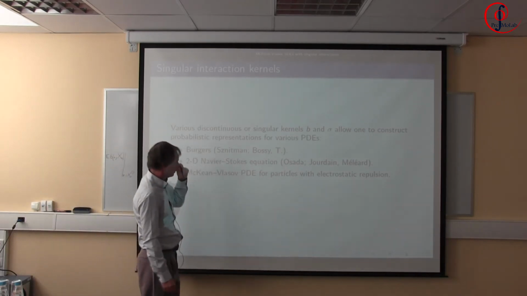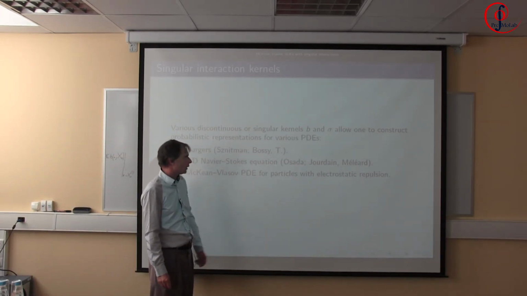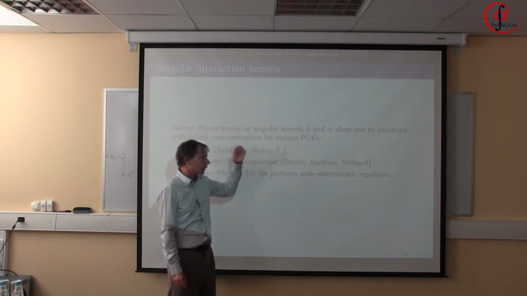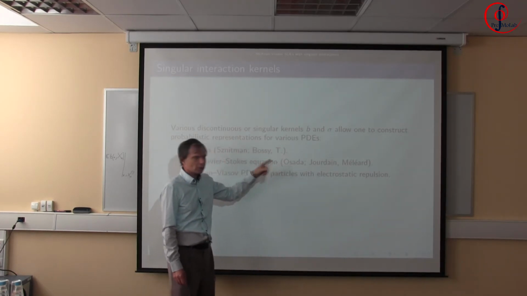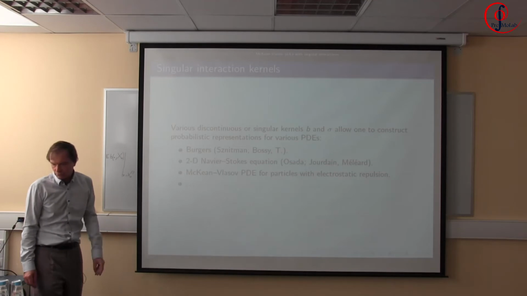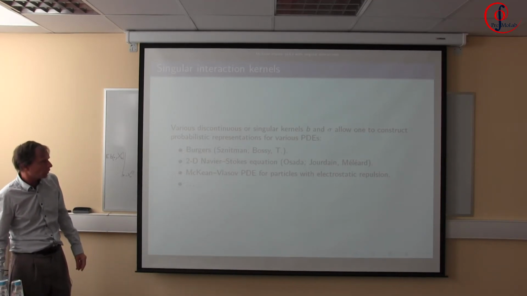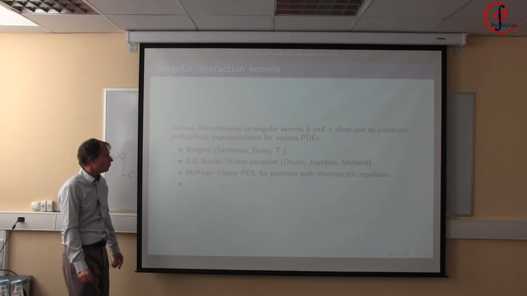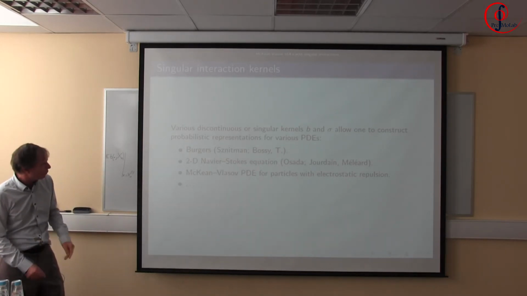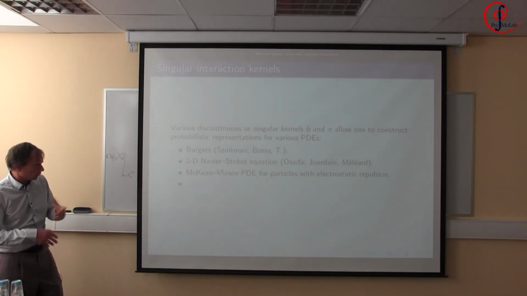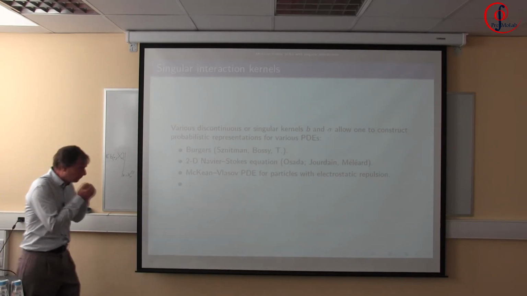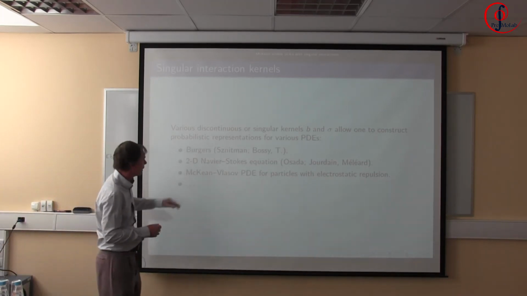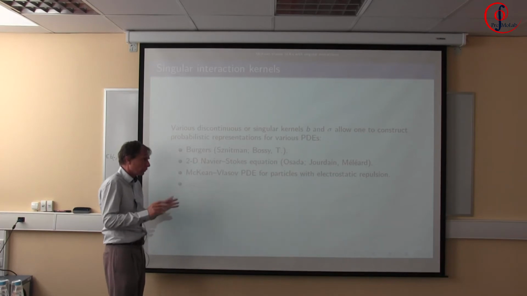So the propagation of chaos was proved by Osada years ago, at least when the viscosity coefficient is large enough. And Jourdain-Méléard looked at 2D Navier-Stokes equation in bounded domains, but it's not exactly the 2D Navier-Stokes equation with boundary condition.